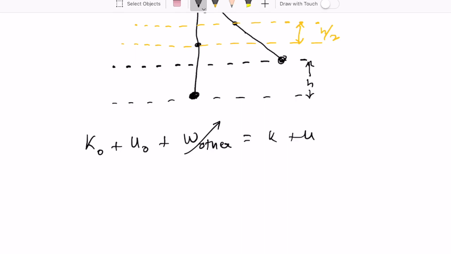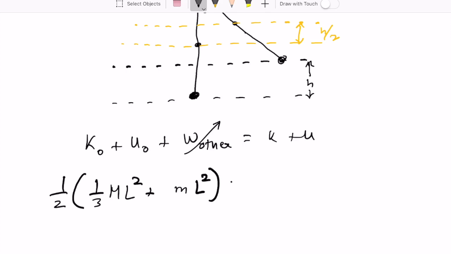So we could use half I omega square for that. We know the I of the whole thing. I of the whole thing is 1/3 M L square plus little m L square. So half I omega square. We already calculated omega right after the collision in the first part, right?